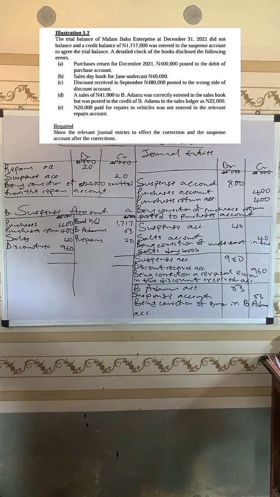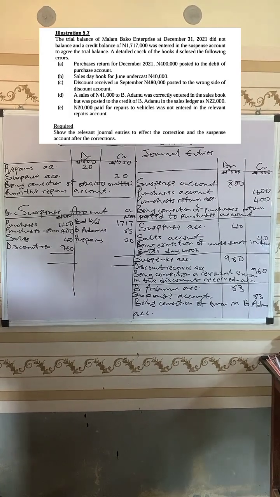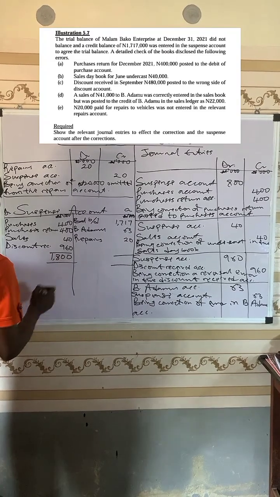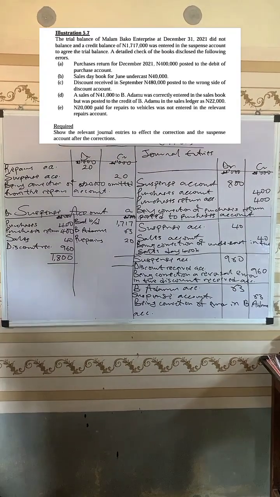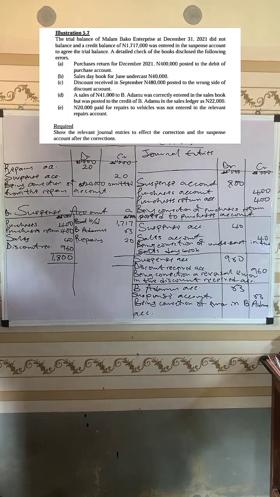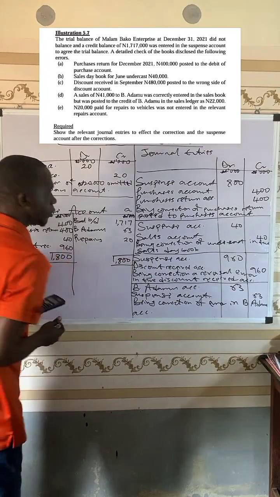On the debit side, we have 400 and another 400, and we have 40 plus 960. That is 1,800, or let's say 1.8 million. On the credit, we have 1,717 plus 63 plus 20. We also have 1.8 million.